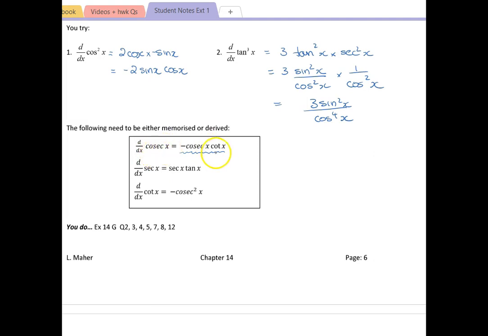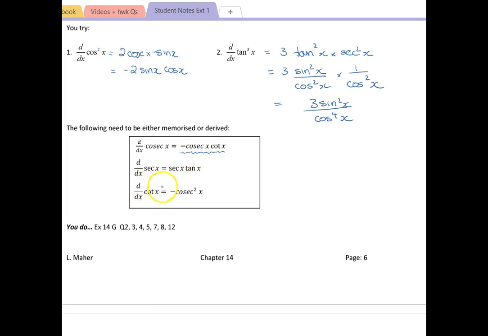Now remember, I've been saying that for many questions, it's all about what's presented to you and what you can connect that to. So if this was presented, minus cosec x cot, and you recognised that as the derivative of cosec, you could integrate that and know it went back to cosec.